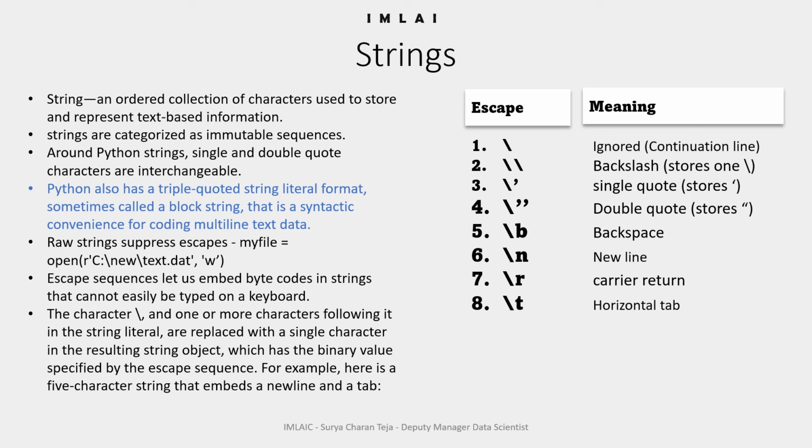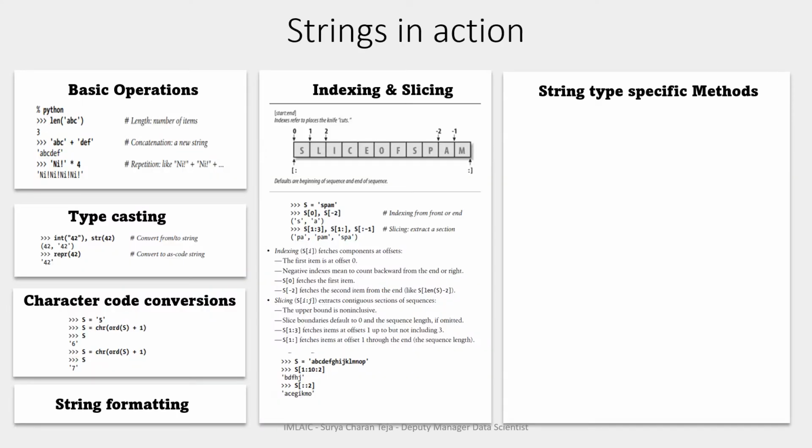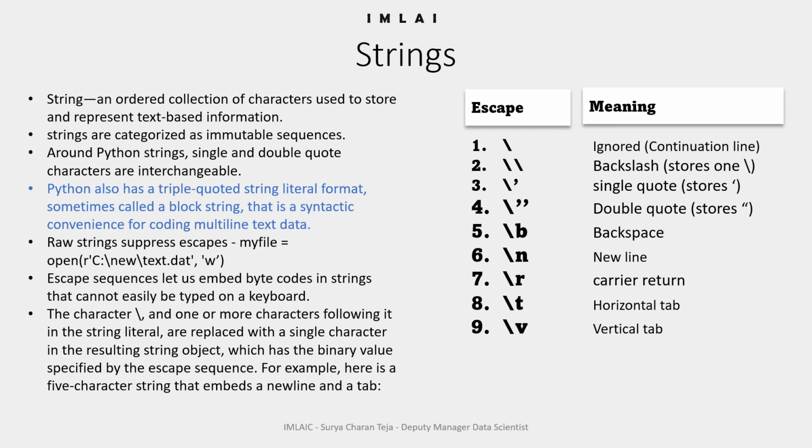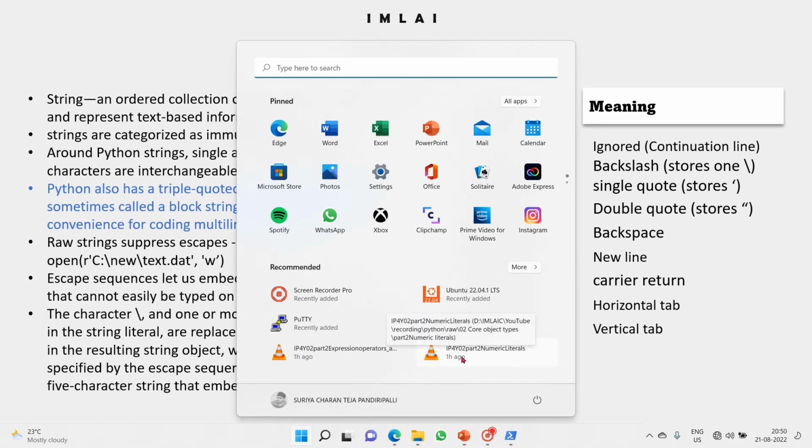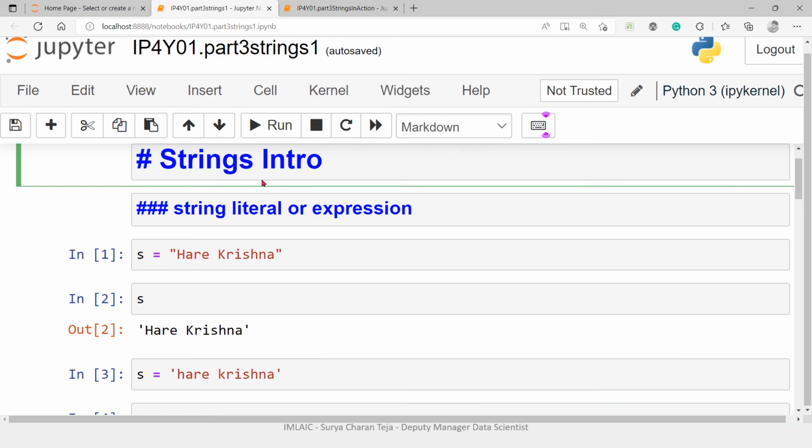Backslash t will make a tab space at the respective location, and backslash v will give a vertical tab. Now we will code whatever we have learned so far, and we'll understand better. Just follow me here.